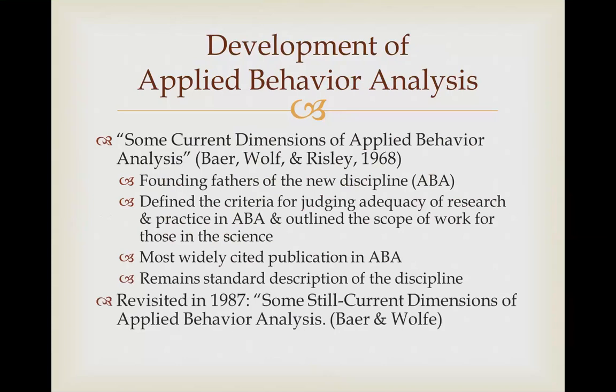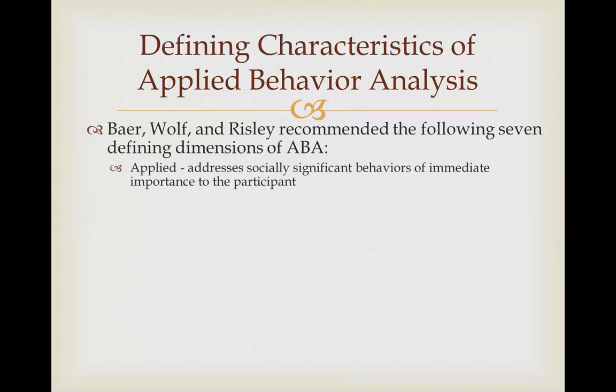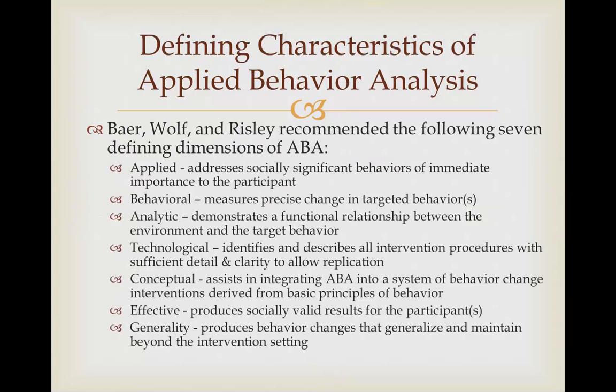And in 1987, Baer and Wolf, I think Todd Risley might have died by then, published Some Still Current Dimensions, which revisited those same principles. They recommended, I'm just going to very quickly, seven defining dimensions of ABA: that it be applied. I'm going to let you read that.